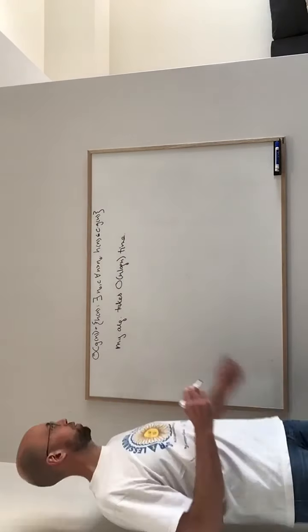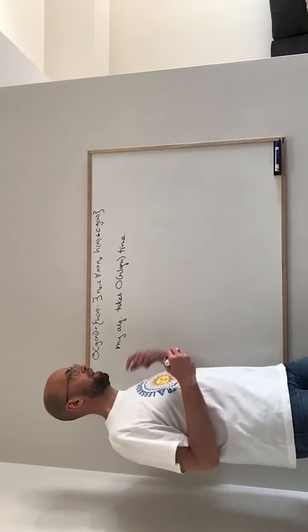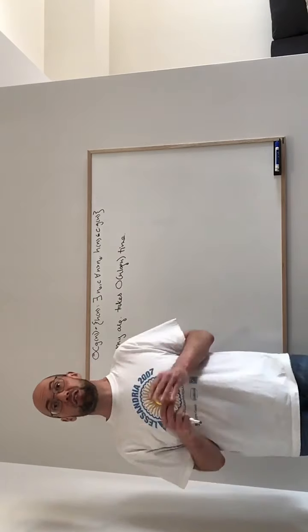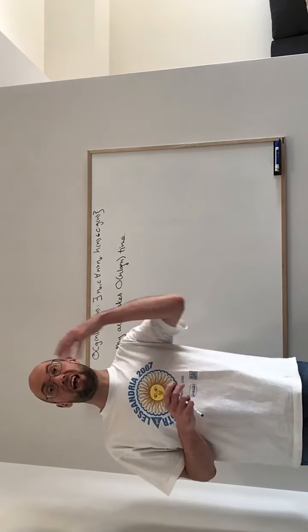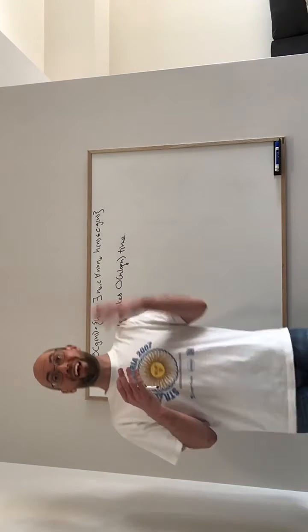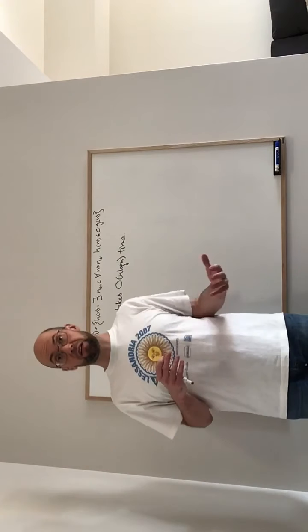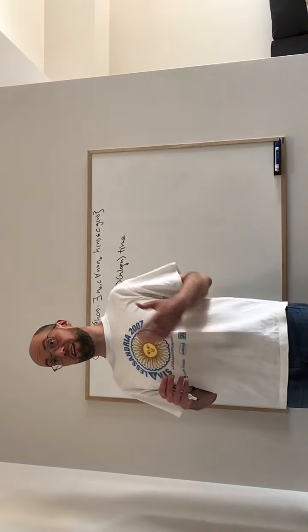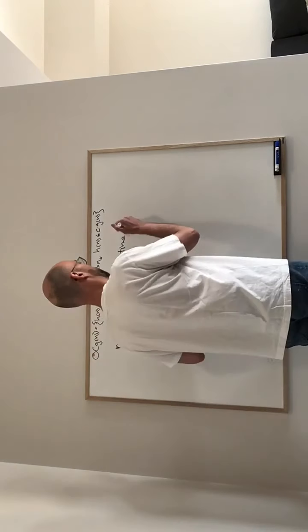Now we understand what this means. It means that my algorithm takes some function f of n. Let f of n be the worst case time it takes on an input of size n. So we could even say in the worst case.